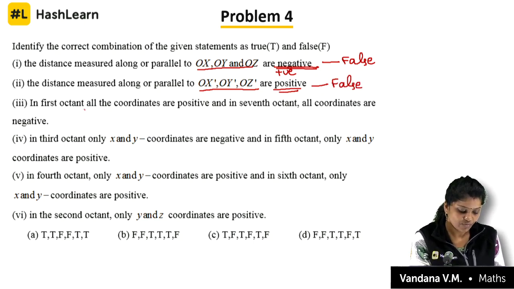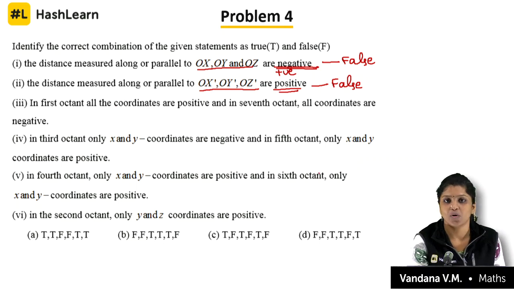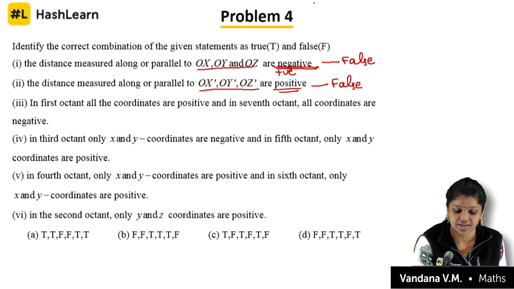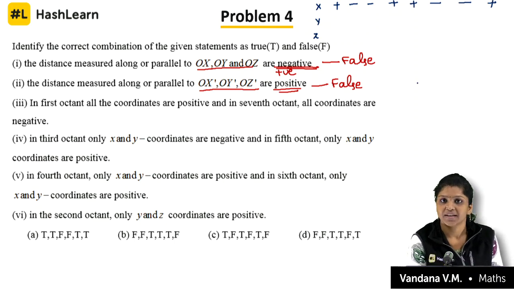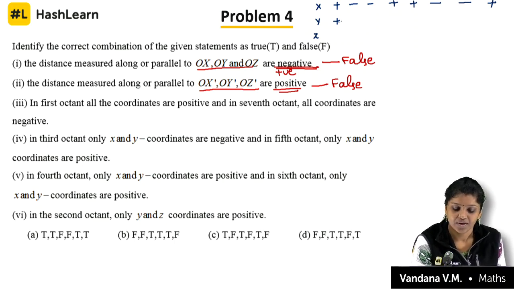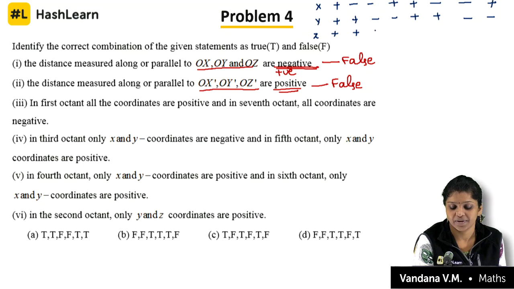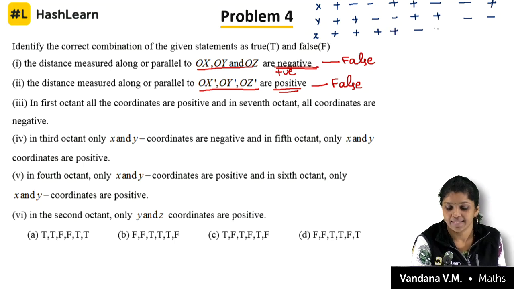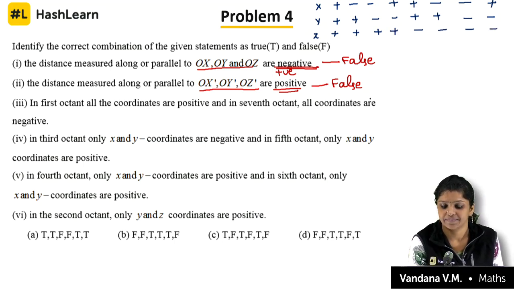Next, in the first octant, they are talking about the octant. First let us draw the table, then we can easily understand x, y, z. As I told you: plus, plus, plus; then minus, plus, plus; minus, minus, plus; and so on. The first 4 octants have positive z and the next 4 will be negative.